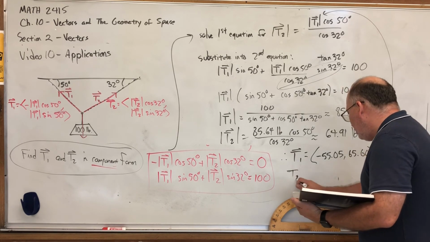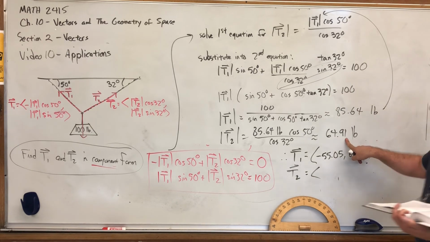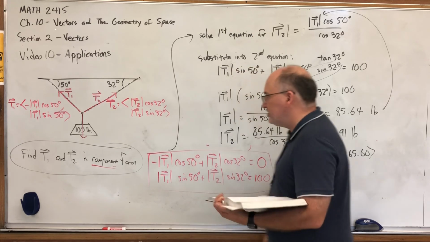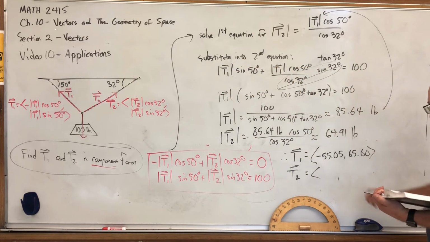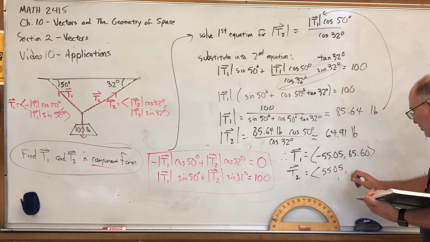And for T2, you would take the magnitude of T2, 64.91, put it here and here, multiply by the cosine of 32 and the sine of 32 respectively, and get 55.05, comma 34.40.